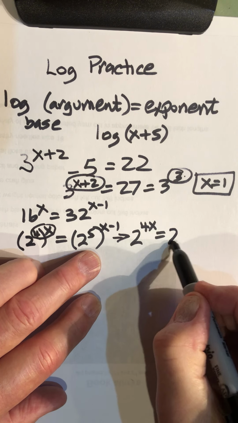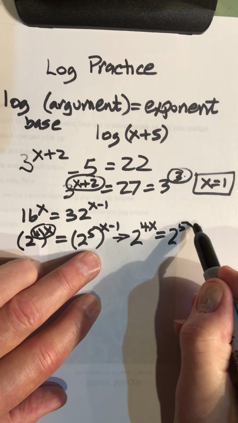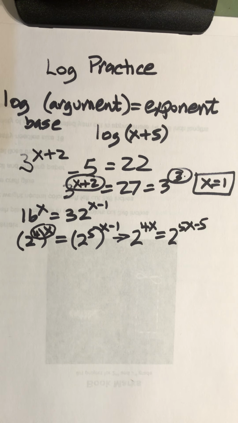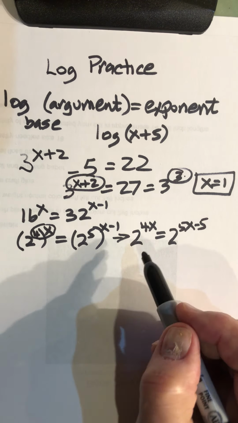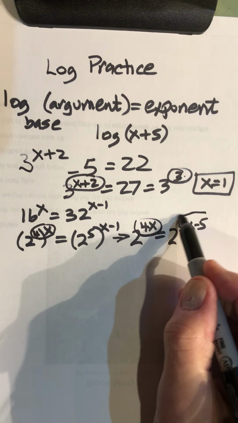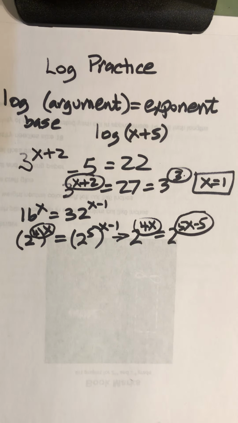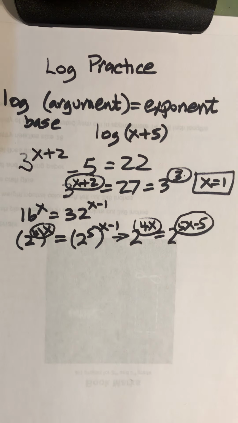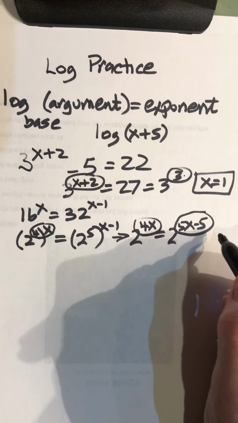So I've got to distribute: 5x minus 5. Do you follow? And again, now I have the same base 2. That means that 4x must equal 5x minus 5, so x equals 5. Okay.